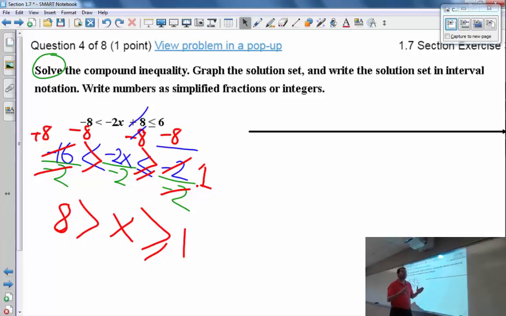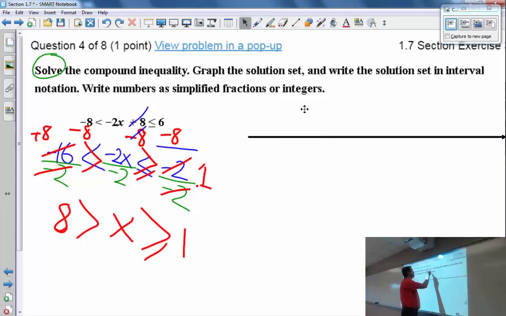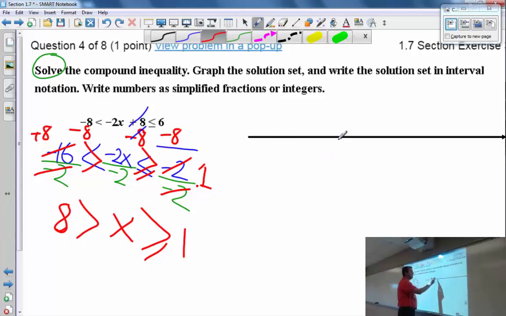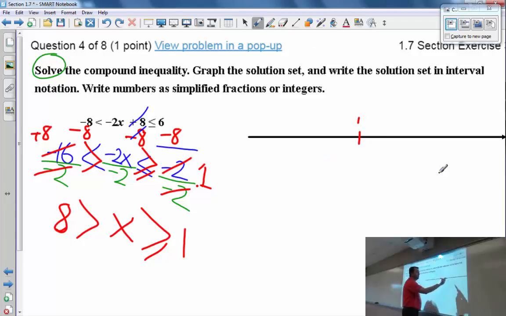You get it? You're more than 1, less than 8, reflected into your picture. More than 1. So here is 1. I need to be more. Can I be more indefinitely? I need to be more than 1, but less than 8. So I need to stop at 8 then to become less. There you go. You have a piece of line. All right, here is the key part. If you have these double inequalities, it's always a limited piece of line.